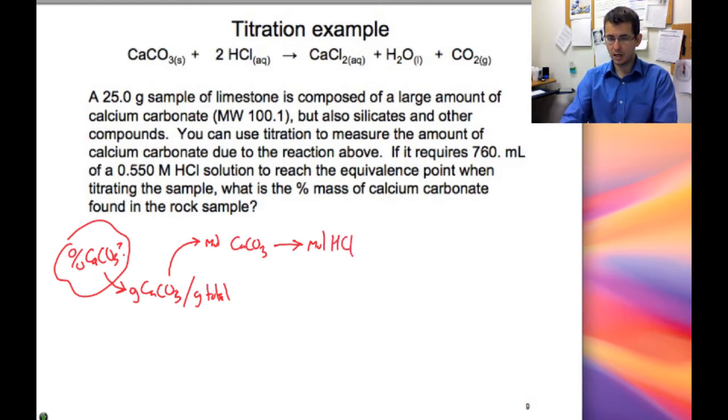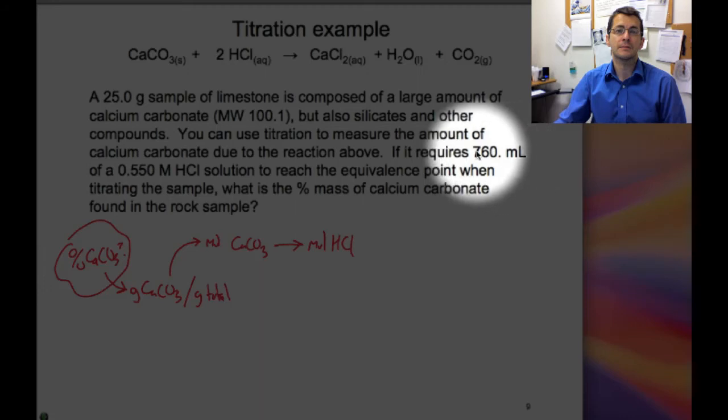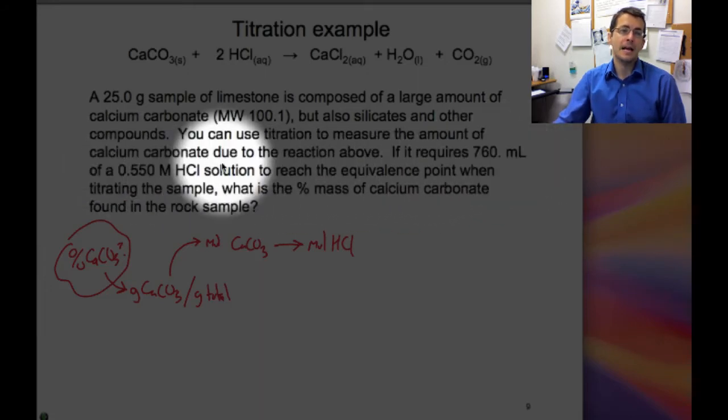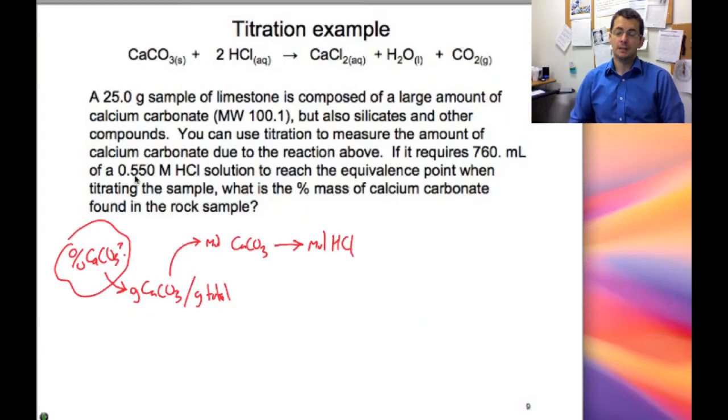Lucky for us, in our problem, they give us two quantities. 760 milliliters, and 0.550 molar concentration. So they tell us that this HCl solution requires 760 milliliters, and that the molarity of that was 0.550 molar.